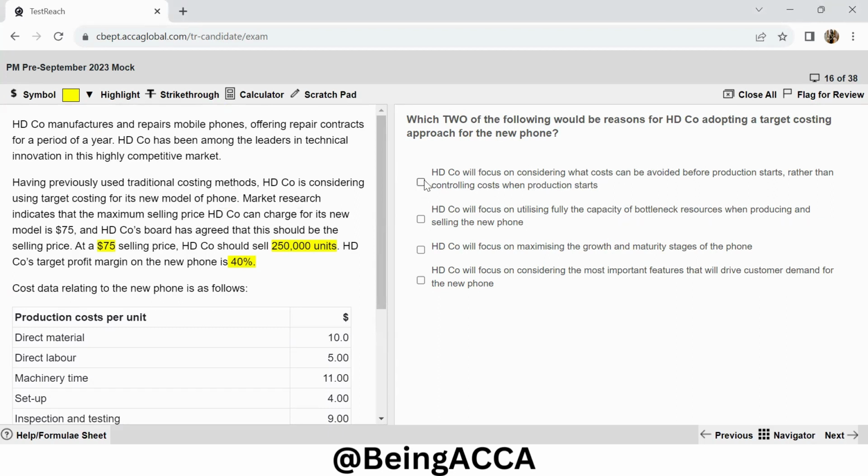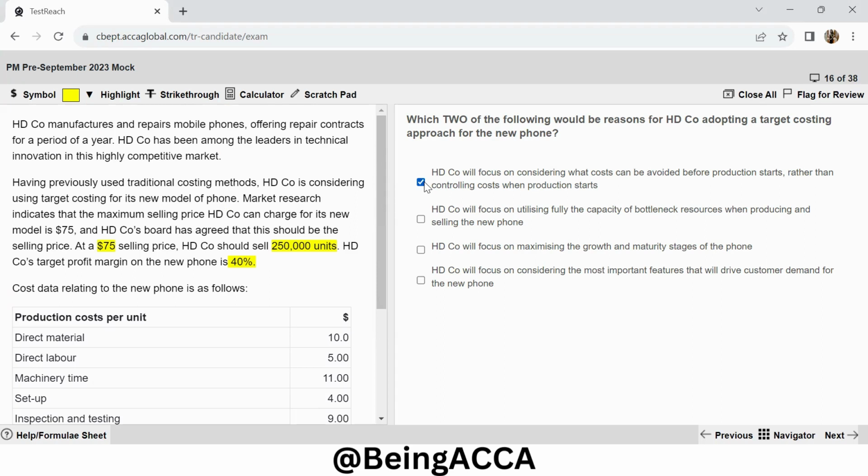So yes, this is definitely true. When we are doing target costing, we are focusing on eliminating all the unnecessary costs before the production even begins. So this will include the features which are not important to their customers, so they will remove those features, and the cost to add those features can also be avoided. So this is absolutely correct.